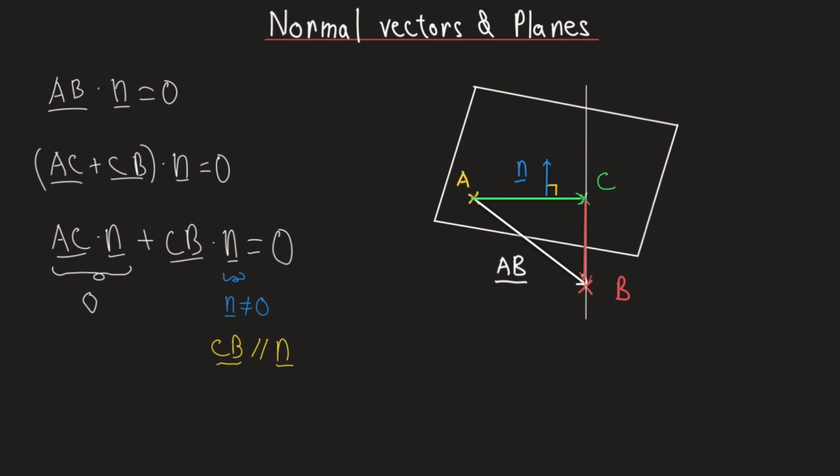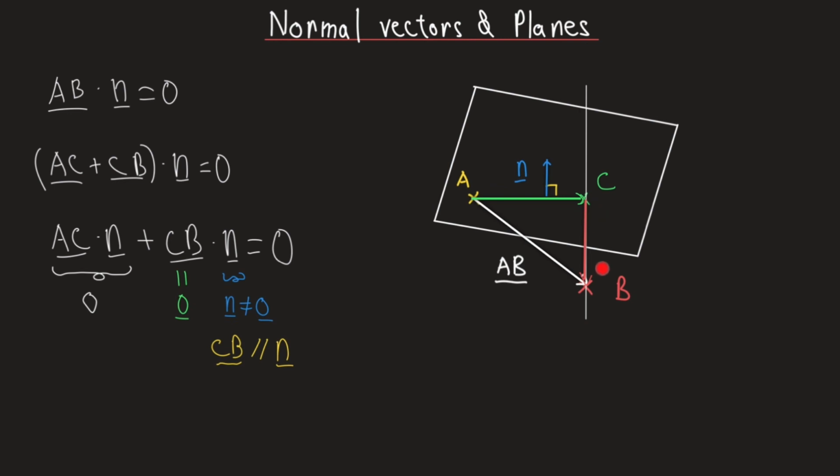So that leaves one out of the way. Moreover, we know that the vectors CB and N are parallel, so by definition they can't be orthogonal. And therefore this means that our vector CB is actually the 0 vector. Note that the fact that I have underlined the 0 over here means that it's a vector.